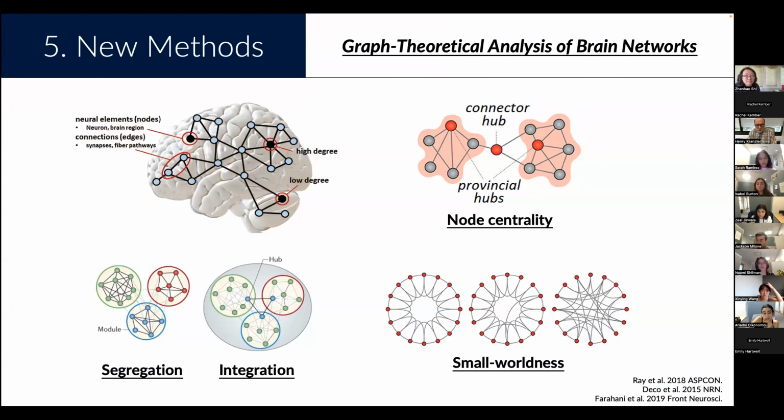And there are many new metrics that have been proposed based on graph theory and network theory in order to characterize how the different brain networks are organized. These have been applied to both structural and functional connectivity, and have been used to study many psychiatric disorders, including addiction. I'm not going to introduce all of these definitions.